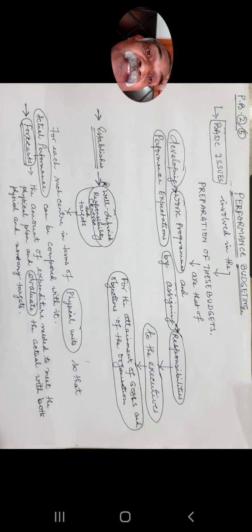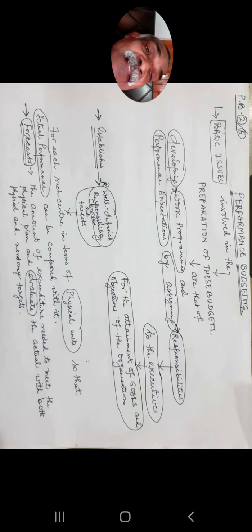This performance budget is forecasting the amount of expenditure needed, that is, how much expenditure is required to meet the physical plan, the plan which you have already made.